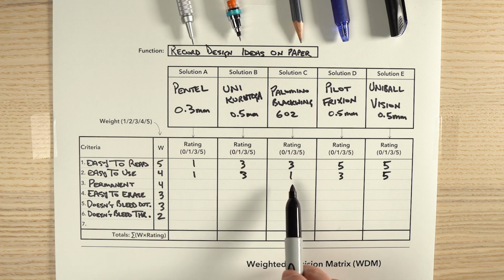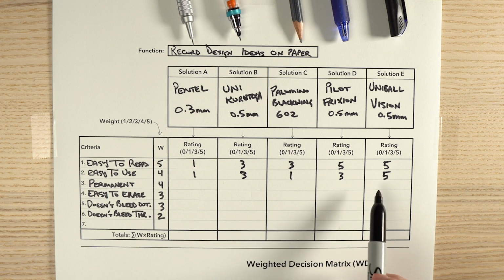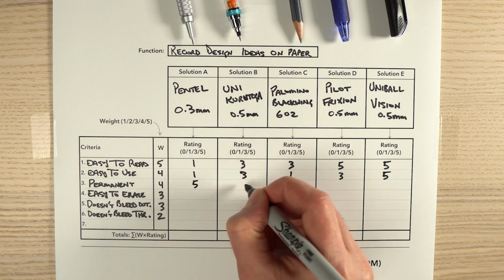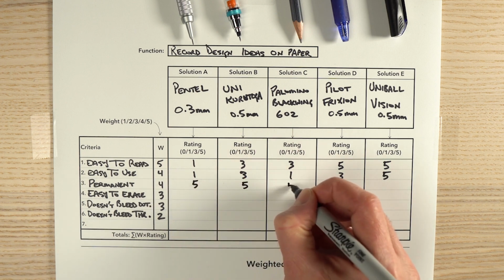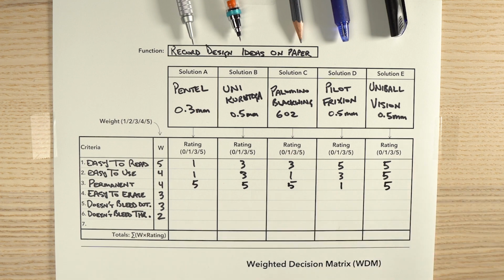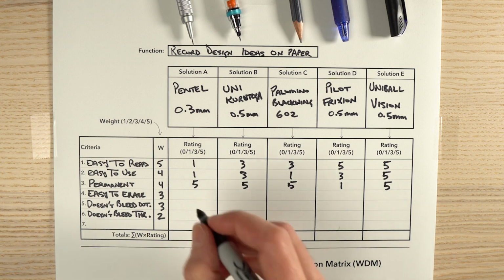The Pilot runs out of ink more quickly than other pens. Permanent. The friction is low here because it uses heat to erase. I've actually lost part of a notebook by putting a cup of coffee on it. Easy to erase.